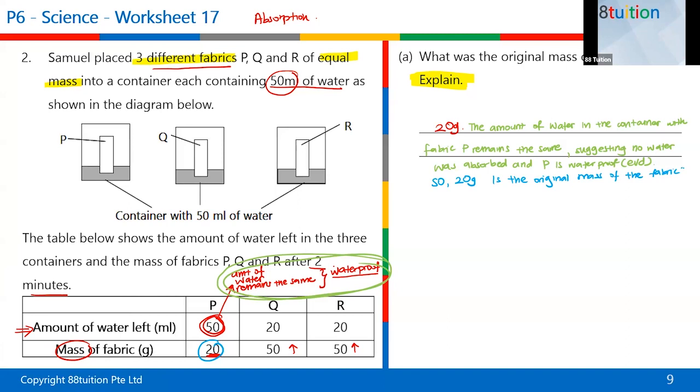All the fabrics are, so there's an S here, identical at the start, as they are of equal mass at the start. So this is my explanation.